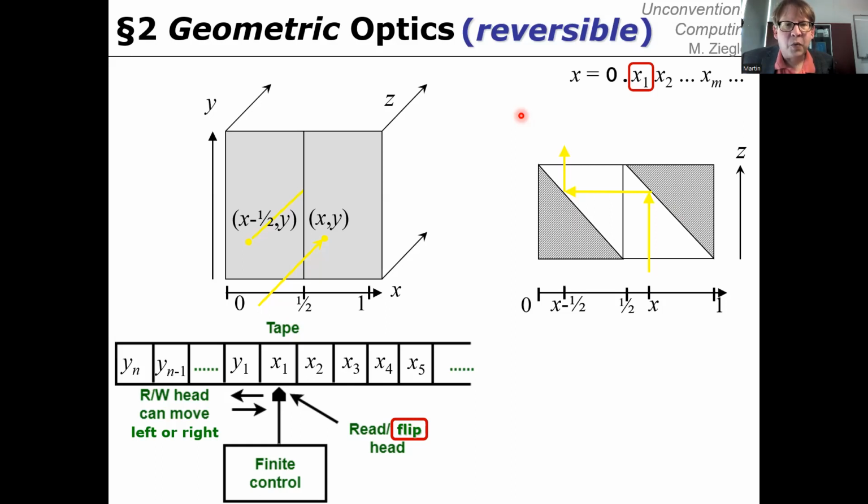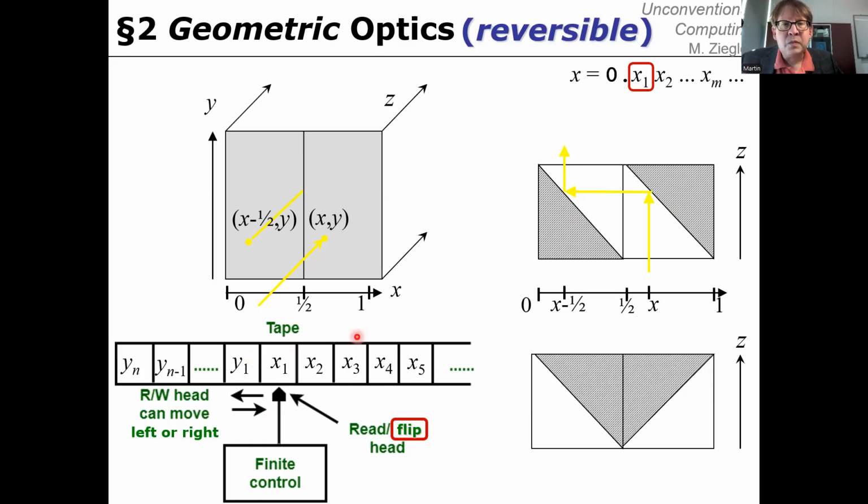So the next operation we want to simulate in our optical computer is the read operation of the Turing machine. And this is achieved with, again, two mirrors at a 45-degree angle, but now arranged in this way, because here, if the input ray enters at an x-coordinate greater than 1/2, then the ray proceeds in this direction. If the input ray enters at a position less than 1/2, then it leaves in this direction.